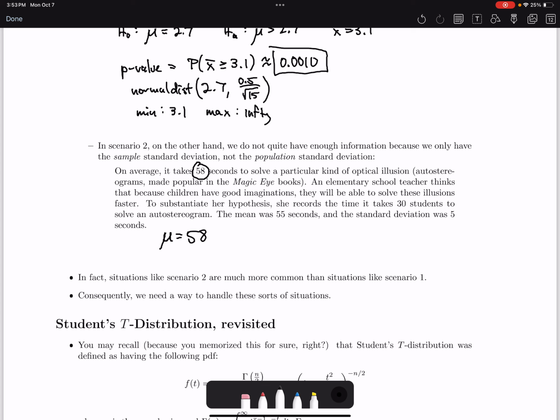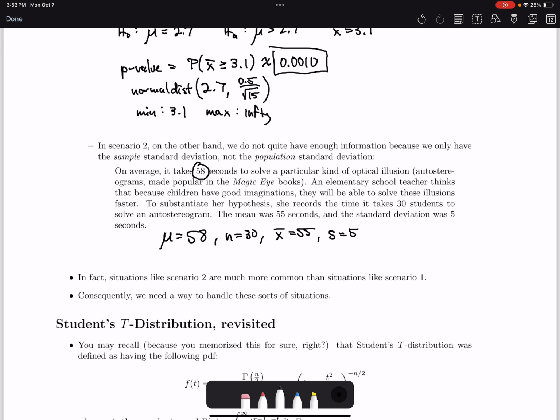To substantiate her hypothesis, she records the time it takes 30 students to solve an autostereogram. So our sample size is 30. The mean in her sample was 55, so the sample mean was 55. And the standard deviation in her sample was 5 seconds. So the sample standard deviation s was 5 seconds.